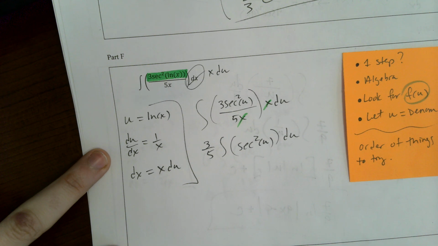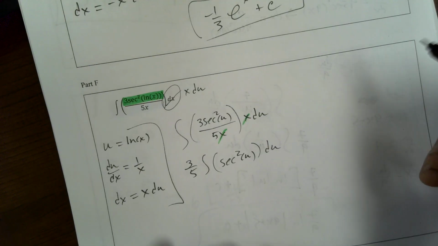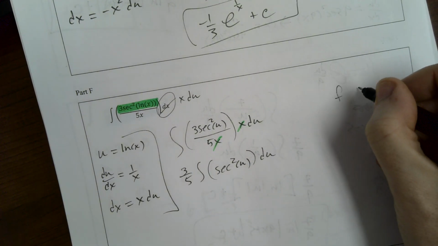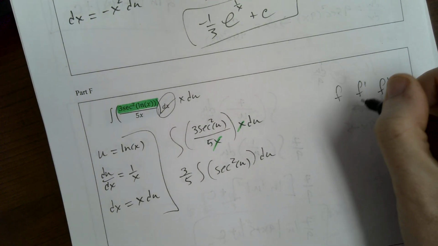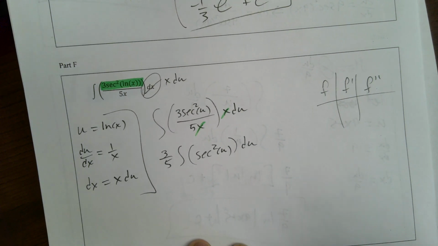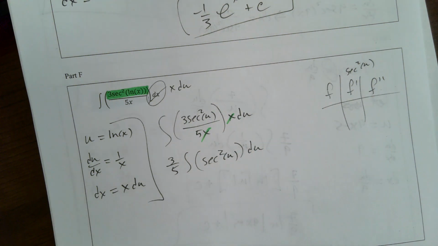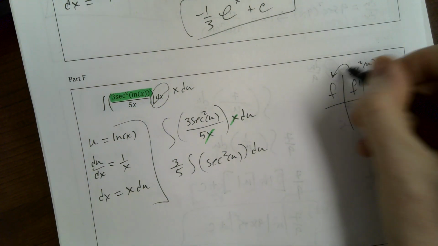Alrighty. Okay, secant squared, is that a one-step antiderivative? Okay, so it is. And guys, if you're ever struggling, it could help to write a derivative sequence. If you're doing an antiderivative, you are automatically starting here, and you're trying to go backwards.